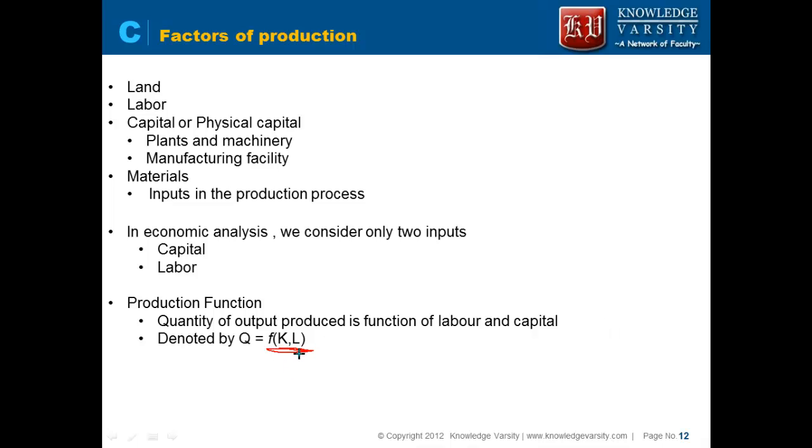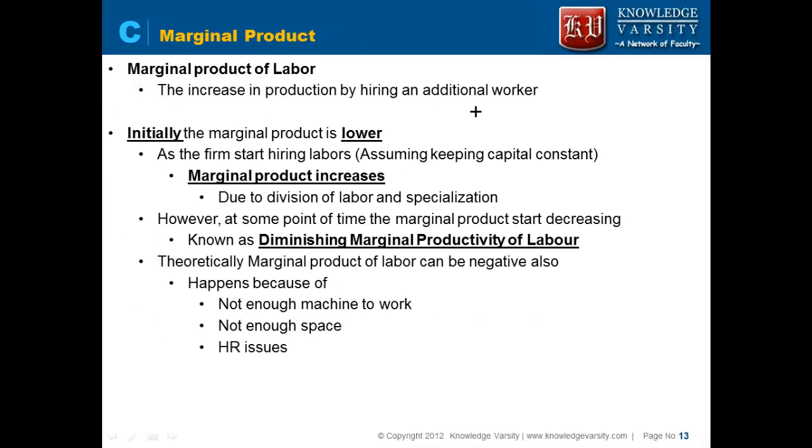When we are considering labor, we'll assume capital is constant. When we are considering capital, we'll assume labor is constant. Our focus will be more on the labor. For capital, we will mostly give you the generalization, right? So we bring a concept of marginal product of labor, that is, the increase in output or production when you are hiring an additional worker.